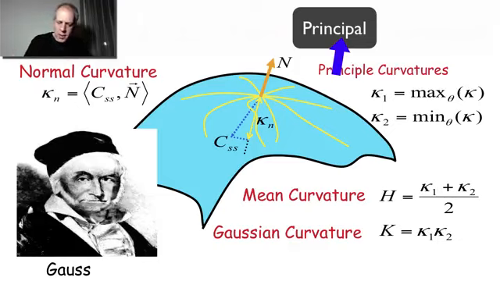From the average and the product, of course, you can go back to the max and min, or vice versa. So these are basic concepts of surface differential geometry. Again, we have normals, curvatures, the same kind of concepts that we had for planar curves.